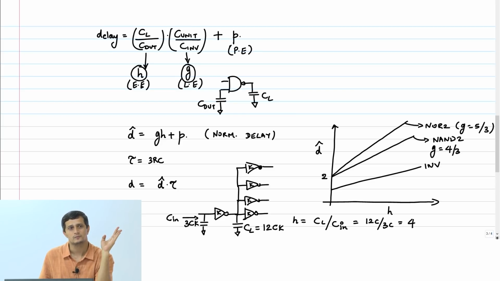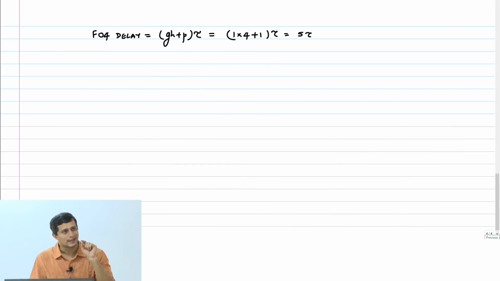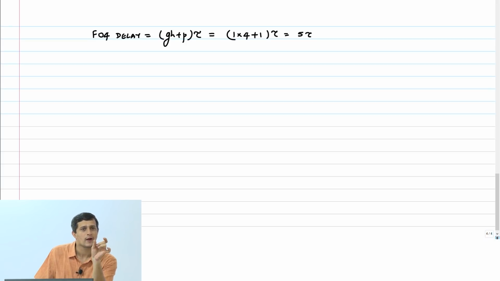Clear? So this FO4 delay is an important characterization that people will do in VLSI. When you go to a new technology, first thing they will characterize is what is the FO4 delay of the inverter. Okay? Just a thumb rule, if you are in a technology 180 nanometer, then the FO4 delay is typically between half and 1/3 of that technology node in picoseconds.